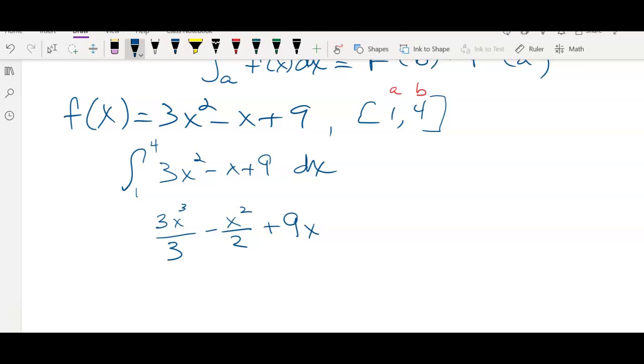You draw this line. Let's put the actual values in. That tells me I am going to evaluate this from 1 to 4.